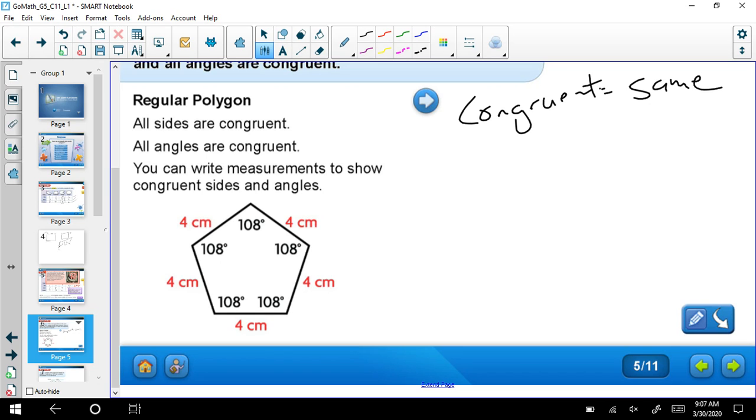So here, if we look at this polygon, we see, first of all, that we have 1, 2, 3, 4, and 5 sides. So a 5-sided figure is called a pentagon. And then if we take a look at this, we see that all of the side lengths are exactly the same.